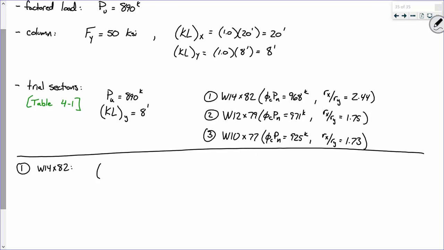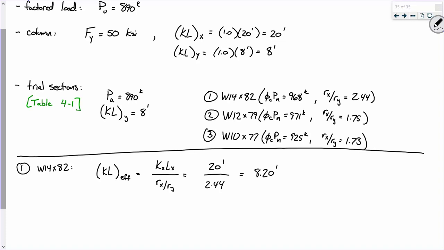In order to do that, we take KXLX divided by Rx over Ry. So that's going to be 20 feet divided by Rx over Ry, which for the W14 by 82 is 2.44. So what does that come out to be? 8.20.